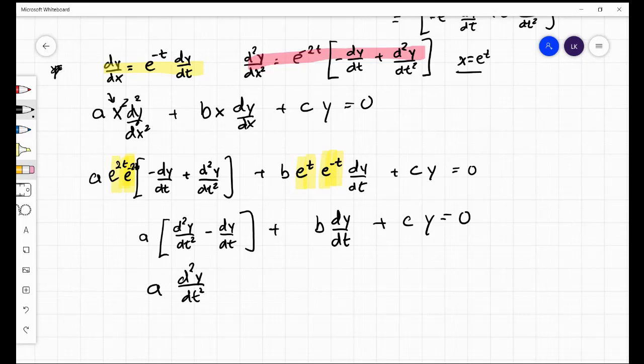The y and its derivatives were multiplied by some function of x, into a second order differential equation with constant coefficients. And we did that by replacing the independent variable x, which we assumed was positive, by e to the t, and then completing the change of variable.